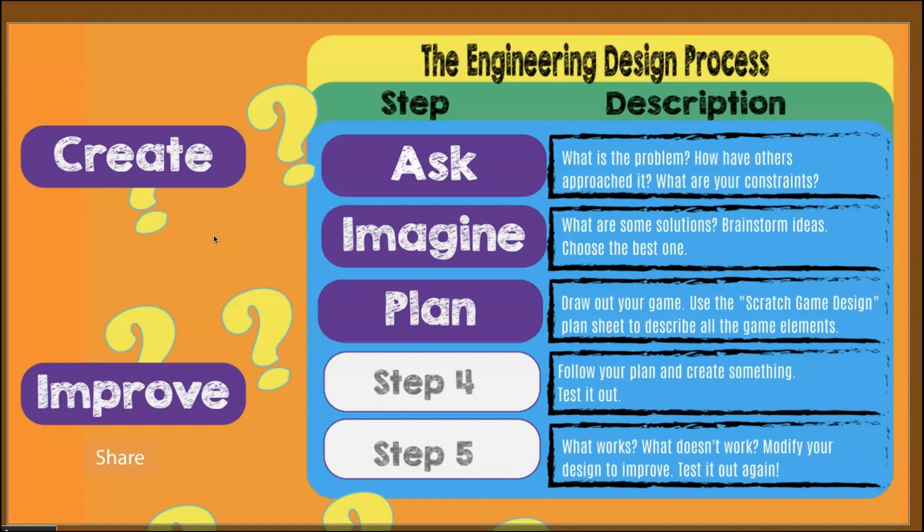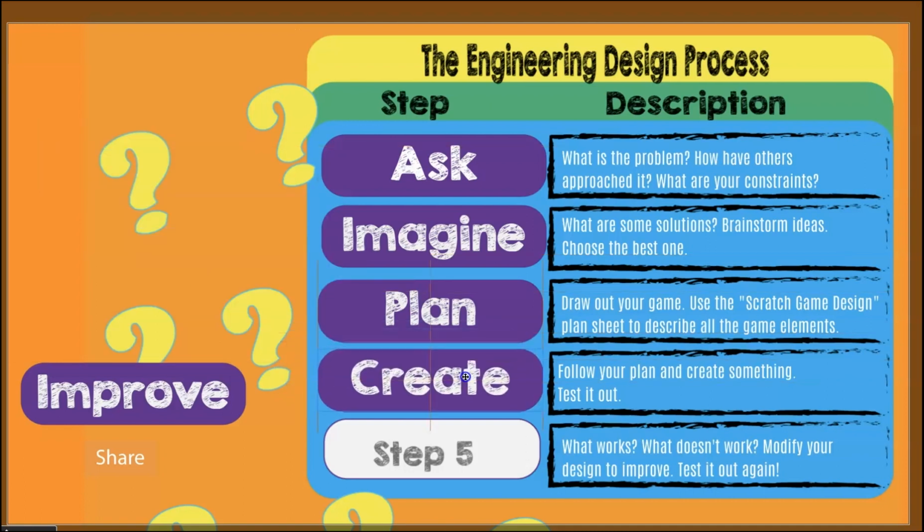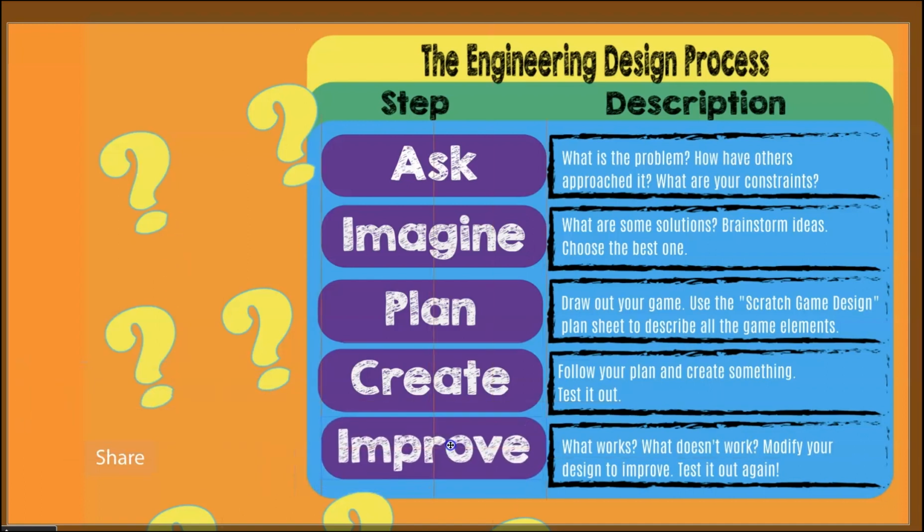Follow your plan and create something, and as you create it, keep testing it out. I just said it, create. And step 5, what worked, what didn't work, and modify your design to improve it and keep testing. That is step 5, improve.